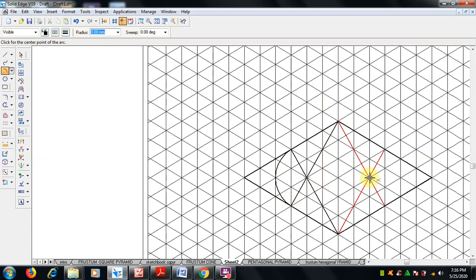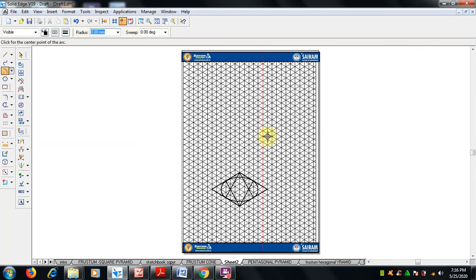Here take this as the radius, draw the arc, complete here, and in this long arc, so this is the center point. From this center point, take this as the radius, draw the arc and complete here. From this center point, take this as the radius and complete this. Okay, now we have completed the base of the cone.